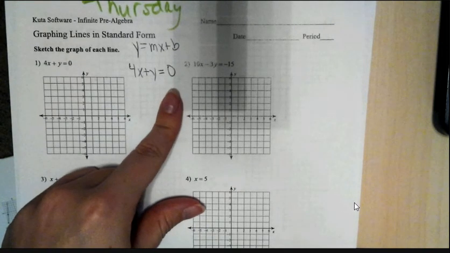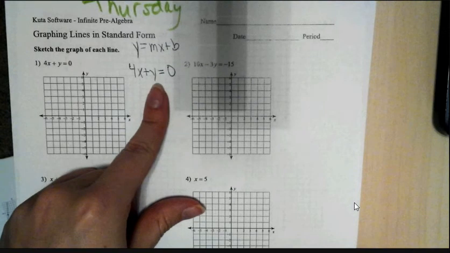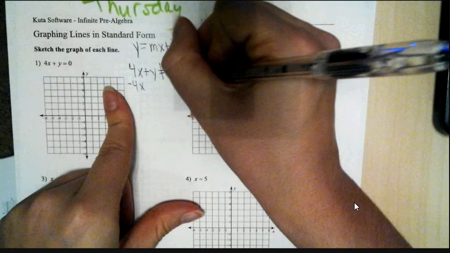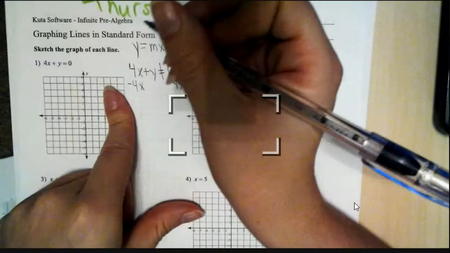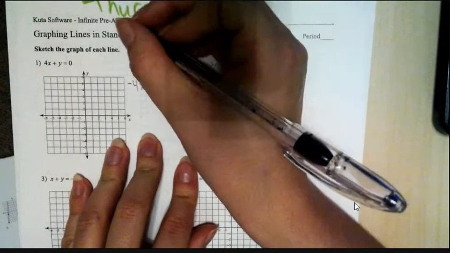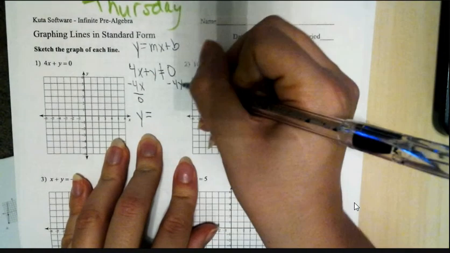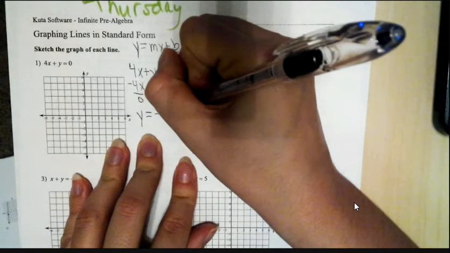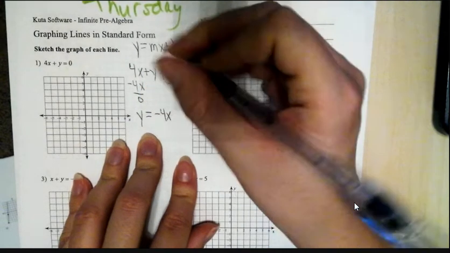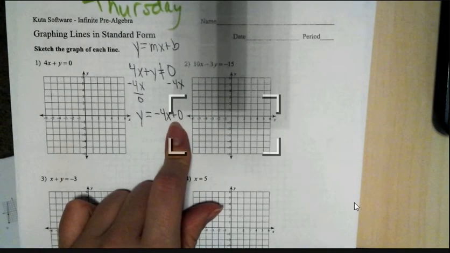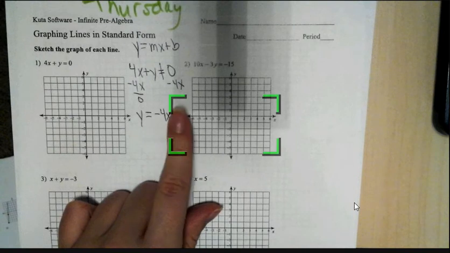So I'm going to isolate my y by subtracting 4x from both sides of my equation. I'm left with y equals negative 4x plus 0, or we could just do it as negative 4x. So now I'm ready to graph.